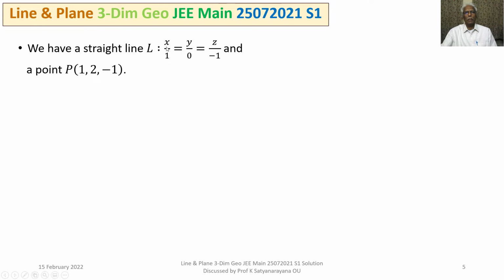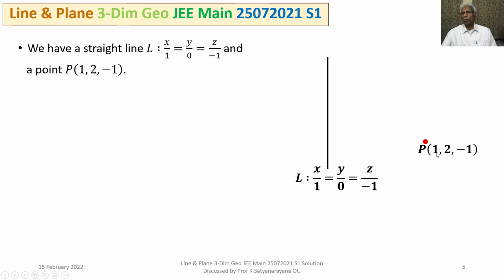This line L passes through 0, 0, 0, that is the origin, with direction ratios 1, 0, -1. And we are given a point P with coordinates 1, 2, -1. Let's look at the demonstration. This is the line L, and we have a point P, 1, 2, -1 are the coordinates of the point P.